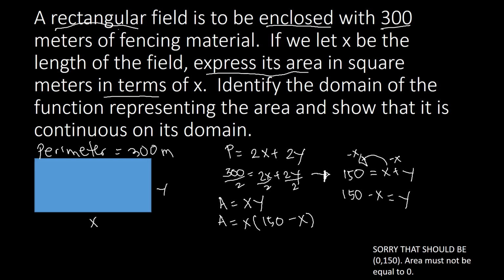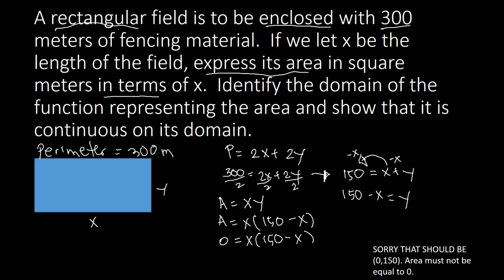The next step is to let our area be equal to 0, because we are looking for the values of x that would make the area its minimum value, which is 0. So we have 0 equals x times 150 minus x.